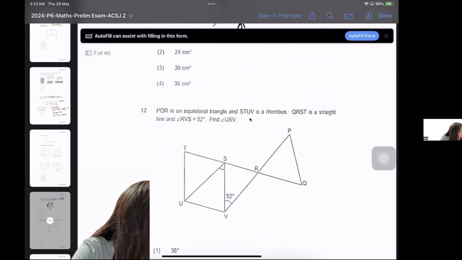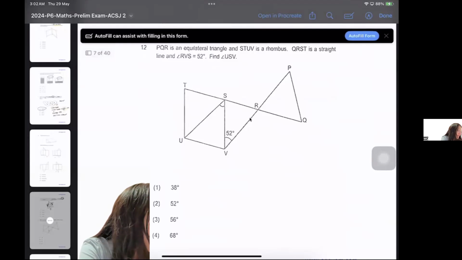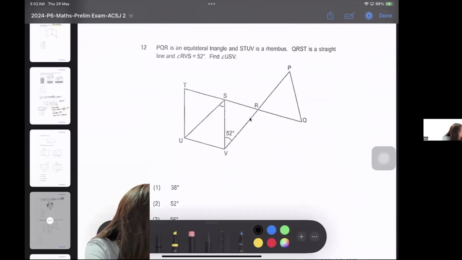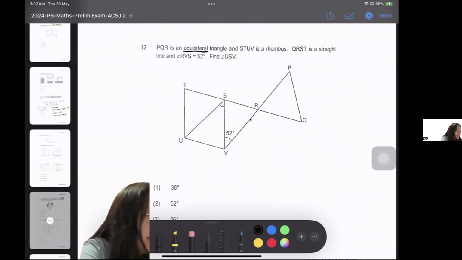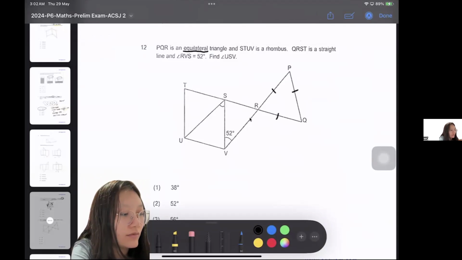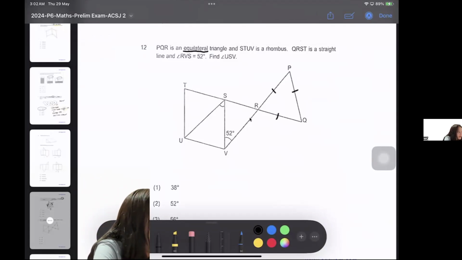Okay. Now let's try this question. This one is an angles question. The first thing you need to see is the word equilateral. What does equilateral mean? Equilateral means all sides are the same. So let's label that, using one line first. Let's continue reading. STUV is a rhombus.